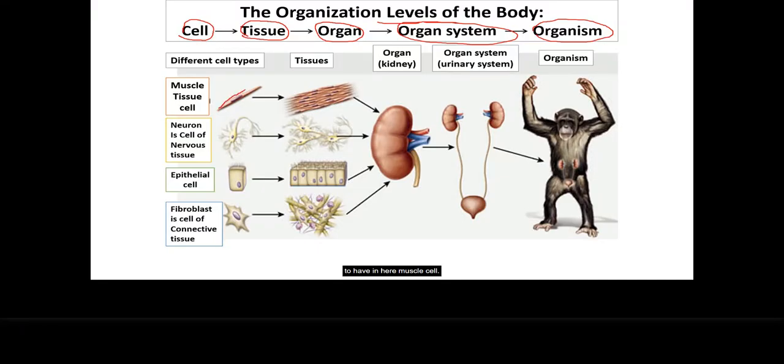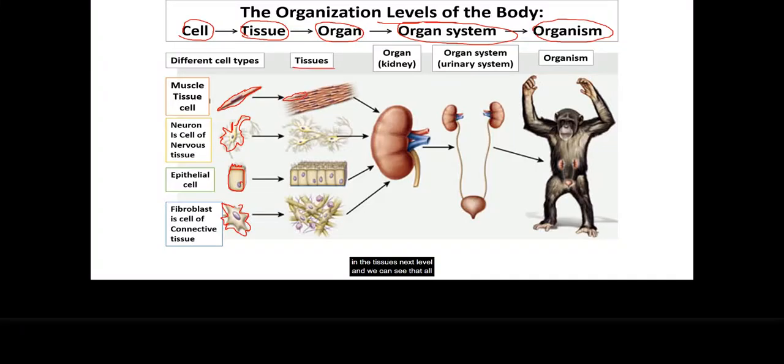So here we have a muscle cell, we have neurons, a cell of the nervous tissue, we have an epithelial cell, and we have a fibroblast, a connective tissue cell. This shows how these different cells organize in tissues, the next level.